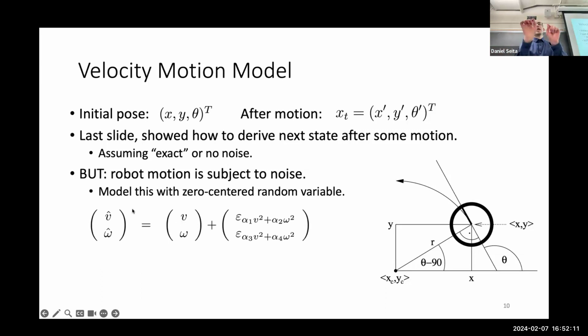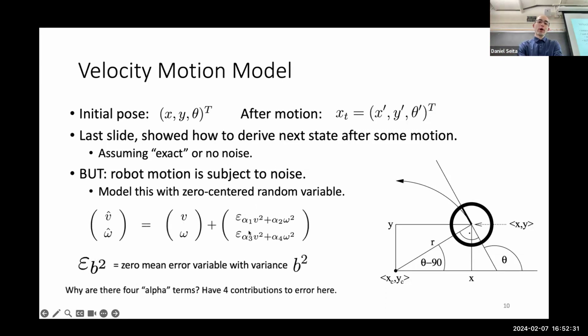So what this particular motion model does is it assumes that you have your v and the omega term. That's your action that you executed. Now we're going to assume that you can model it with this zero-centered random variable, epsilon, or if you're typing it in LaTeX, it's bar epsilon. I'm not sure why.